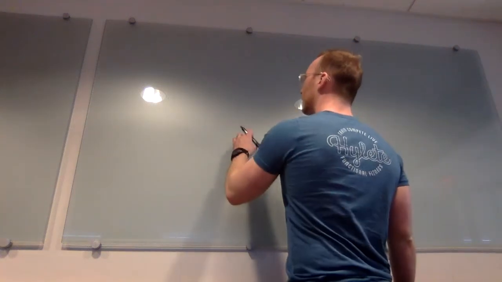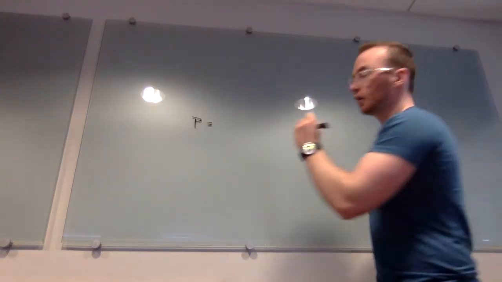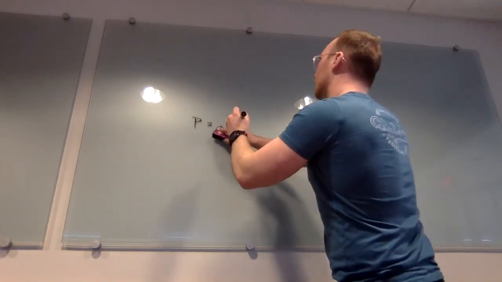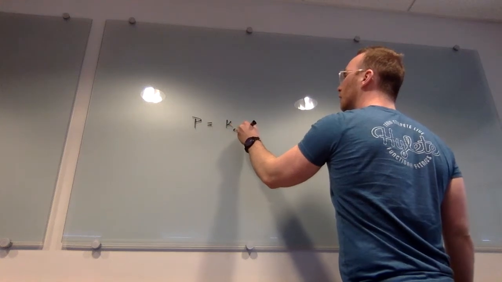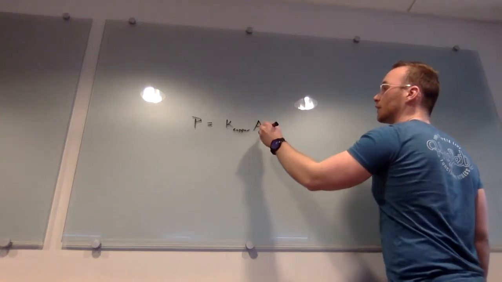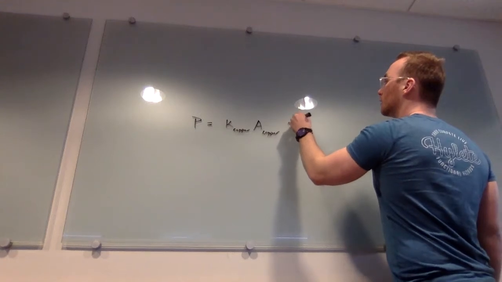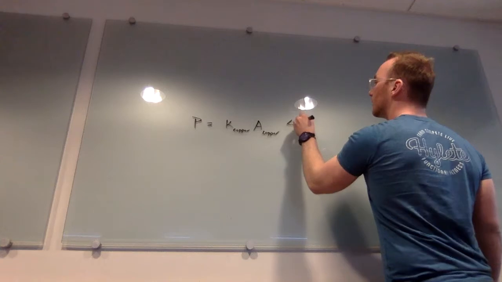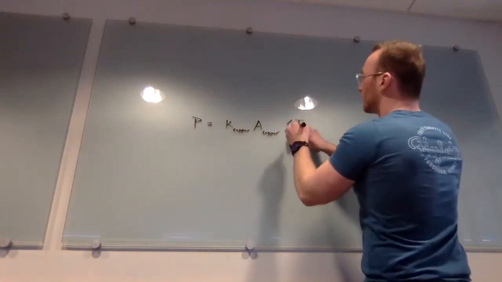Okay. So for this one the power is K of copper, times A, which was the cross section of the copper rod, times dT/dx, but actually it's going to be delta T over delta x, and this is just going to be the length of the rod, so I could just put L here.